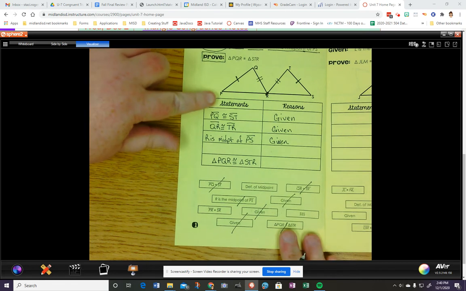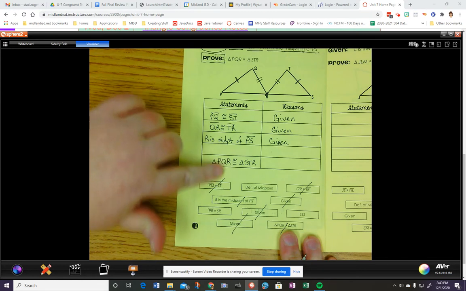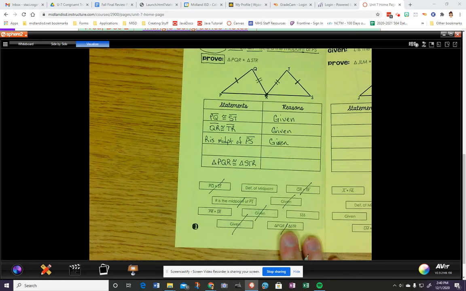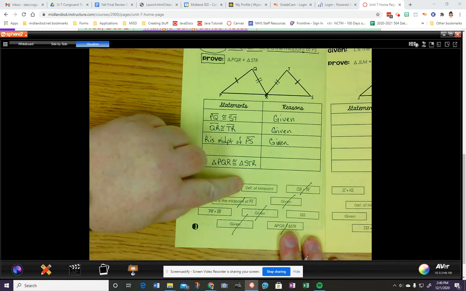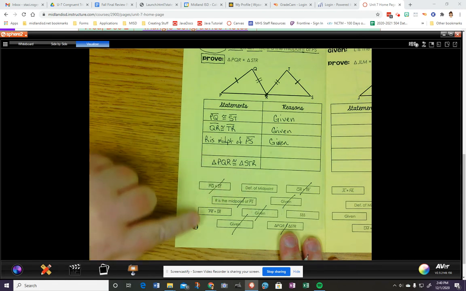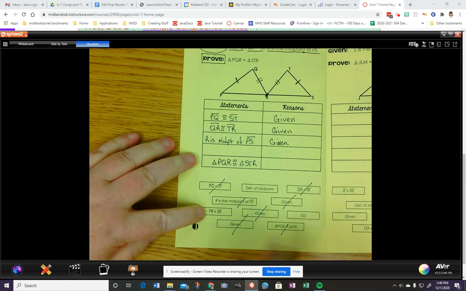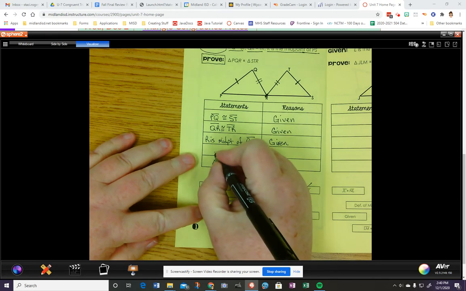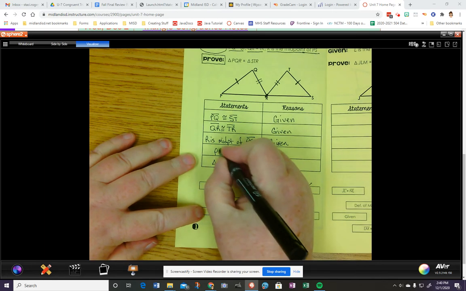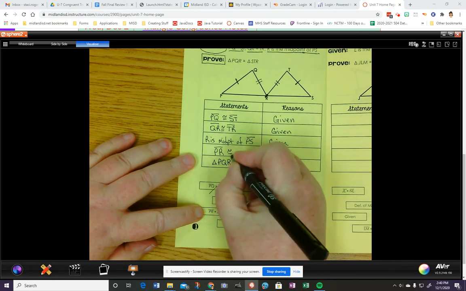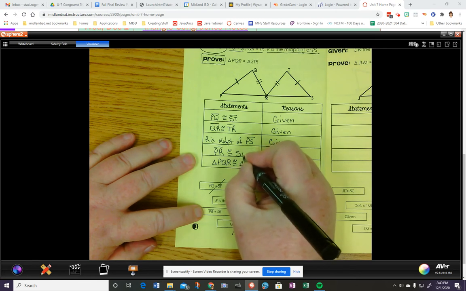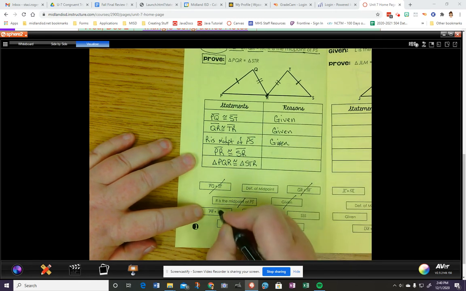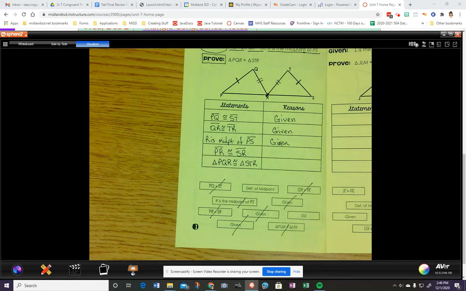Well, in the statements, we're going to look for something that looks like symbols, not words, but symbols. Definition of midpoint doesn't have symbols. Segment PR is congruent to SR. That looks like symbols, so we're going to put it next: segment PR is congruent to segment SR. Okay, why is that?